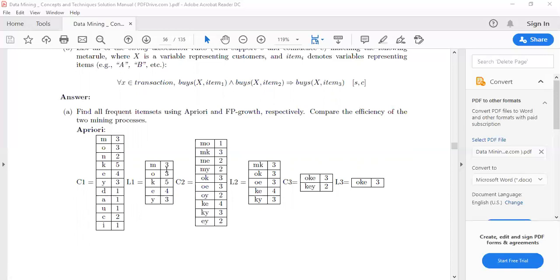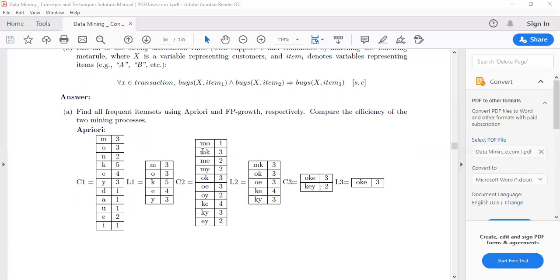Now we have to combine these alphabets. M should be combined with O, M with K, and M with E. Like that you have to make all the items one by one.